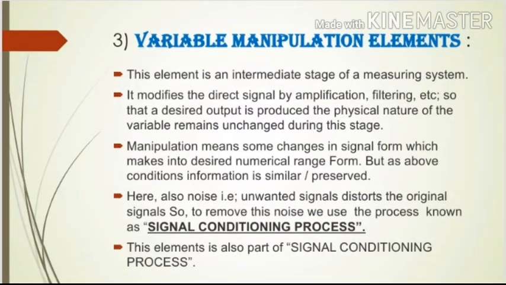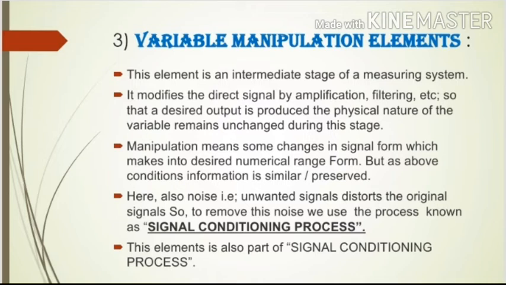So the third element of the measurement system is the variable manipulation element. Before the signal enters the variable manipulation element, it passes from the variable conversion element, which is also called the intermediate transducer stage. Here the signal is to be modified or changed in its variable into some desired numeric range form, but with only one condition, that the signal is to be preserved.